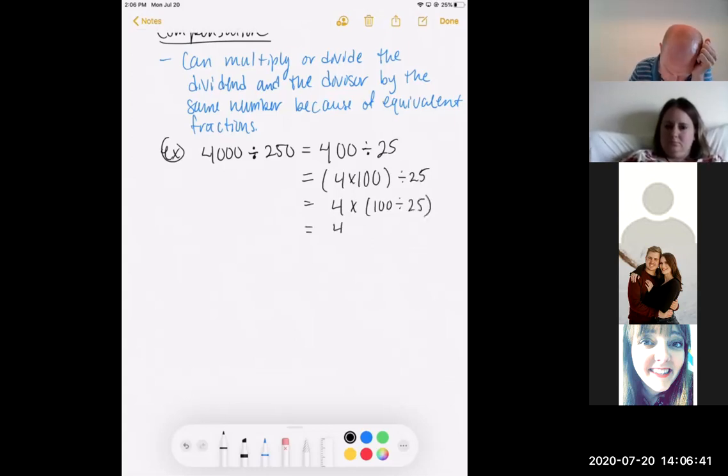That's the same as 4 times 4, which is 16. Now, what property did I use to go from here to here? Associative. Yep, associative property. Okay, good. All right. So that's compensation.